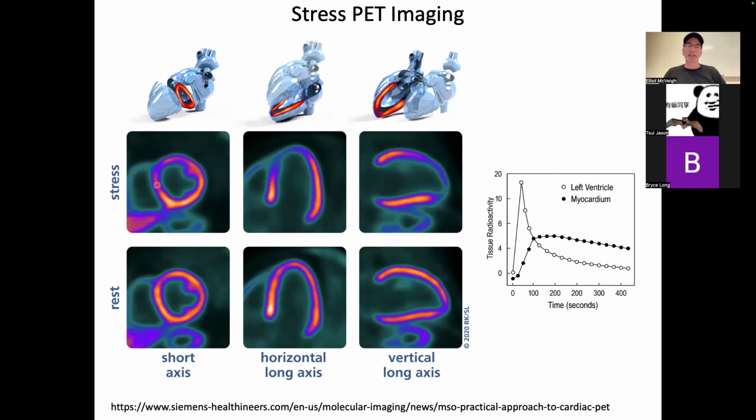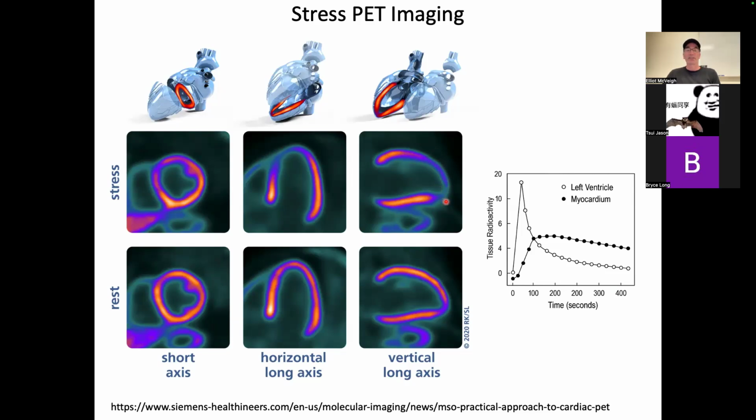And so these look just like those SPECT stress rest images that we saw, except they're much higher resolution, right? You have a much more confident wall dimension. Here you would say, look, there is some kind of lower perfusion here.